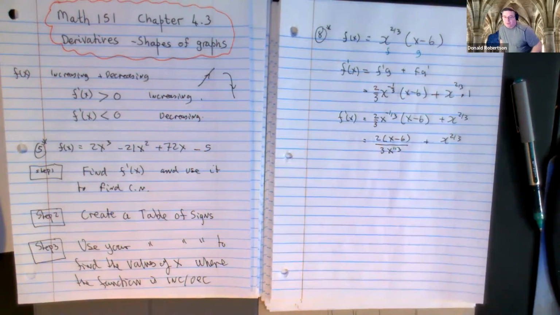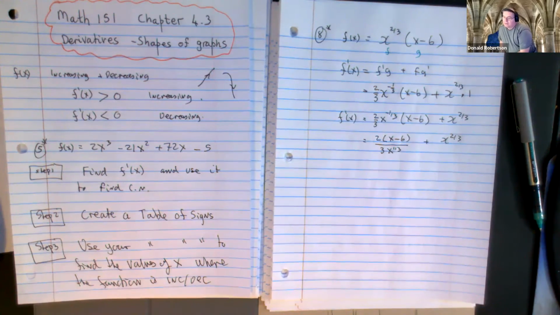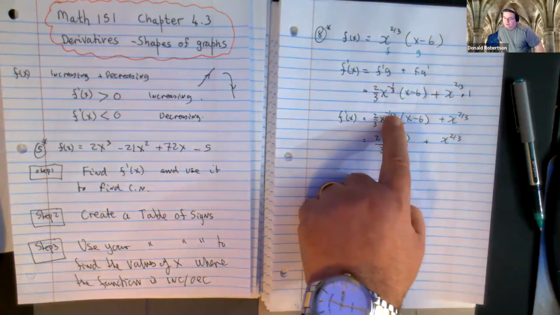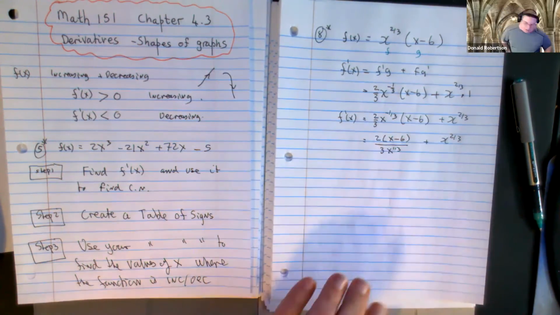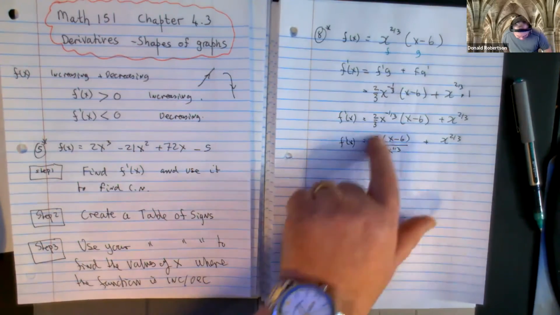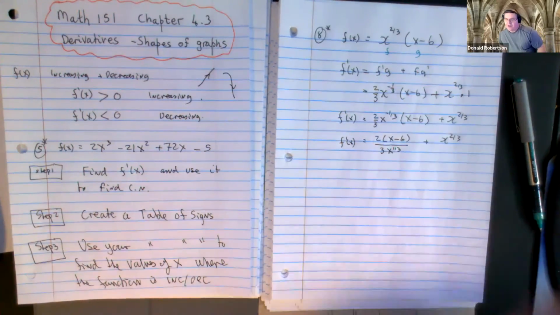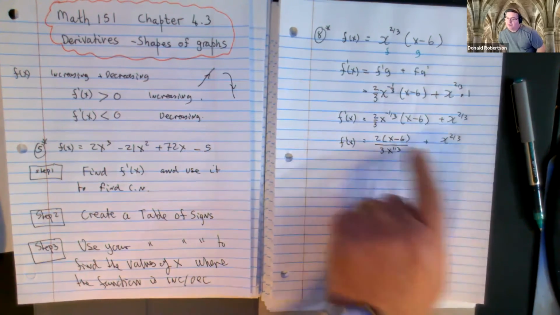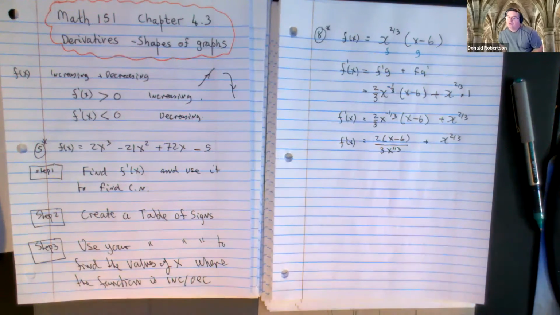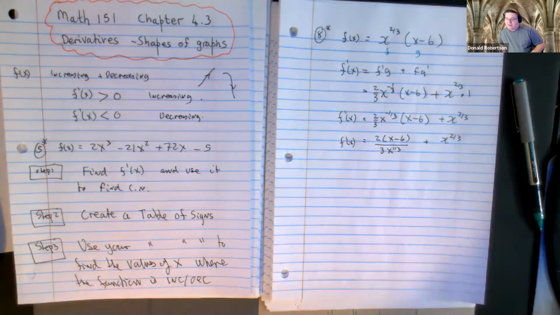Are you comfortable with that one becoming this one? Now, I have an ugly fraction plus something that isn't a fraction. I want to add these together. I want to combine them into a single fraction, because in this type of question, you need it to be a single fraction.